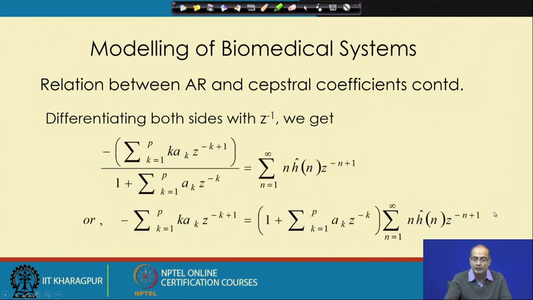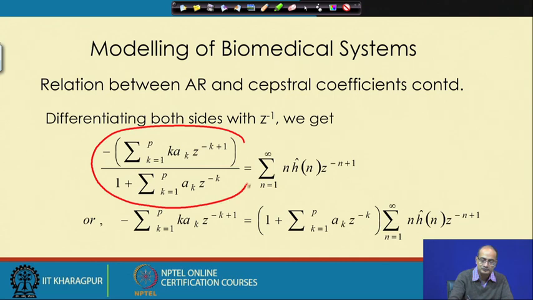In the left-hand side, the derivative of log x is 1 by x, and then we get x to the power minus 1, so x to the power minus 2; by cancelling that power and using the chain rule we get the derivative in this form, with A(z) below.